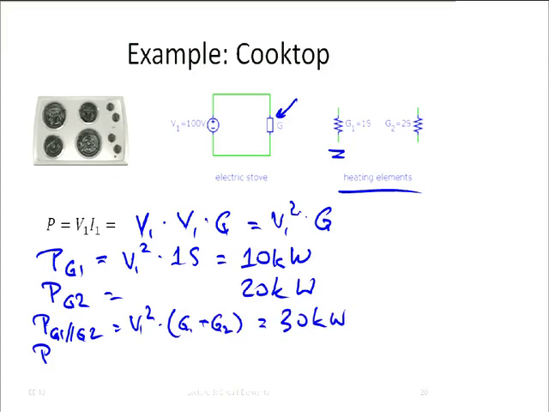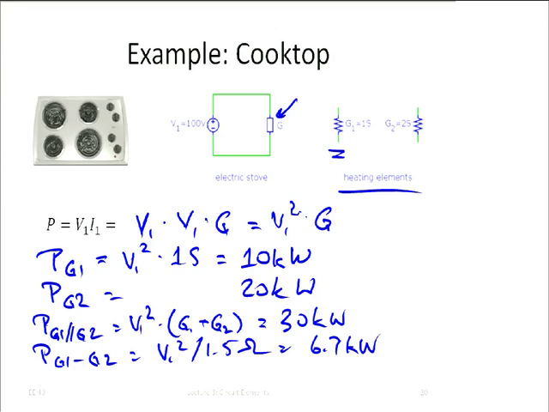So then it's V1 squared times, okay, right, actually we had 1 ohm and half an ohm, so 1 point, and that's something like 6.7 kilowatts, okay?